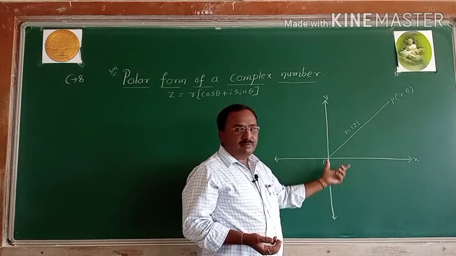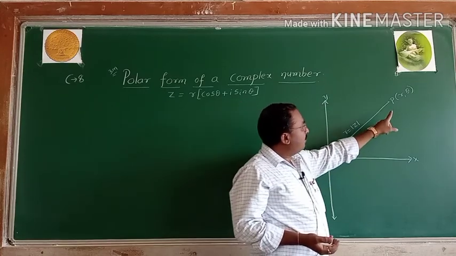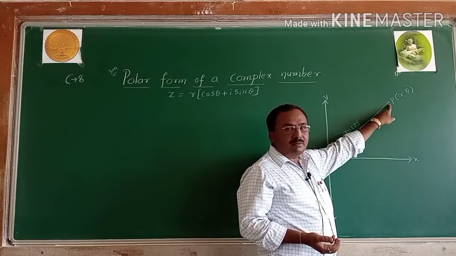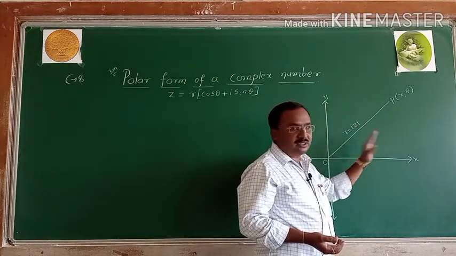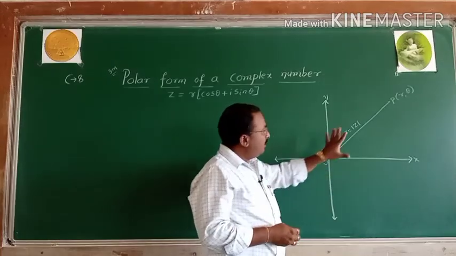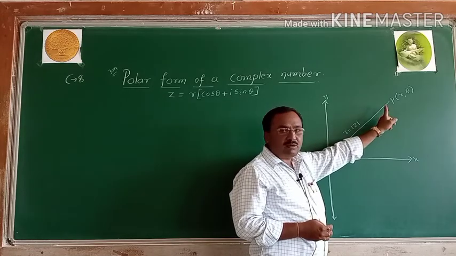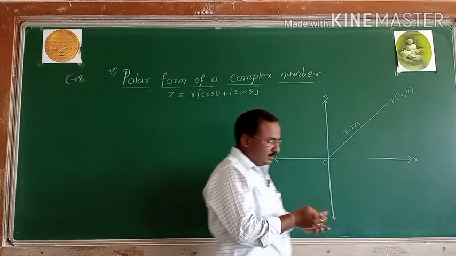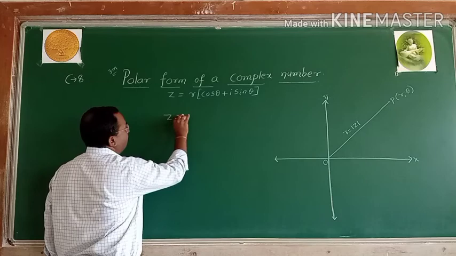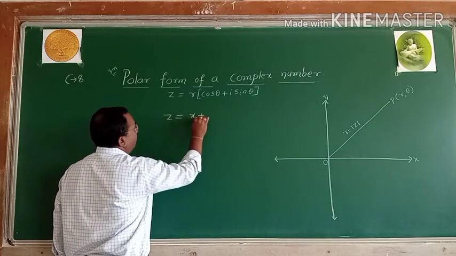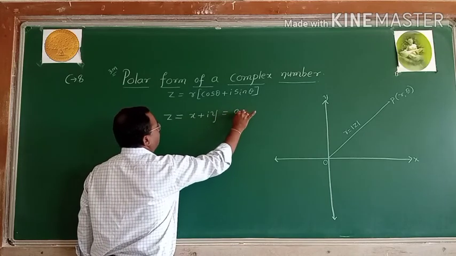Take one figure, that is the xy plane. In the xy plane, let P be a point representing a non-zero complex number z is equal to x plus iy, or you can write a plus ib also.